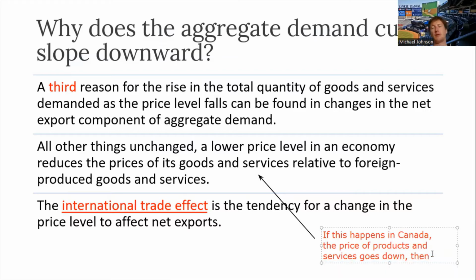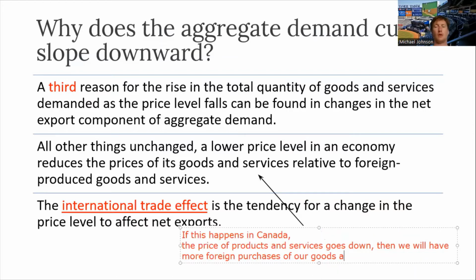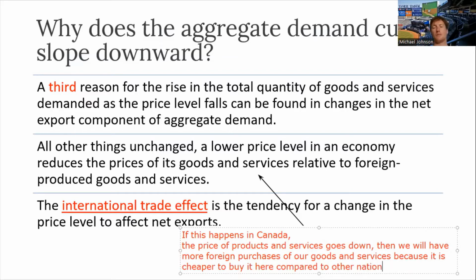More specifically, we will have more foreign purchases of our goods and services, because it is cheaper to buy it here compared to other nations. So that'll increase net exports. Yeah, so that's a good point there.